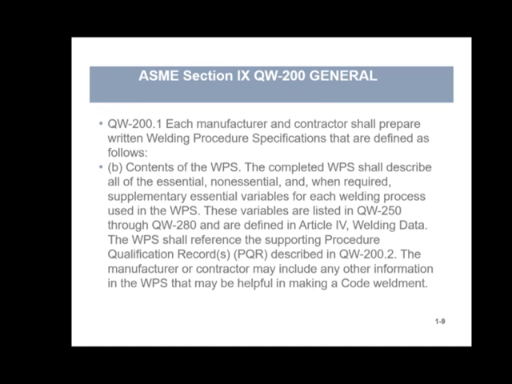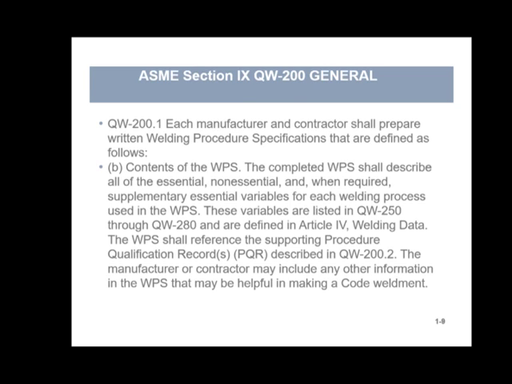When we're qualifying a weld procedure and its supporting PQR, the rules come from ASME Section 9, QW 200 General. So if you go to this section of the code and you read out QW 200, each manufacturer and contractor shall prepare written welding procedure specifications that are defined as follows. B. Contents of the WPS.